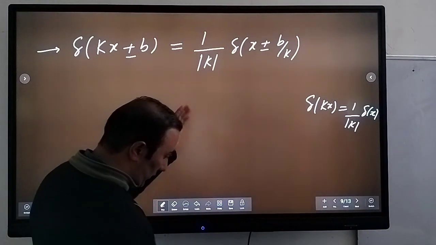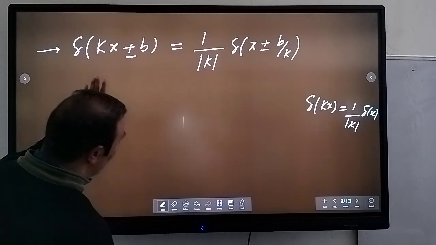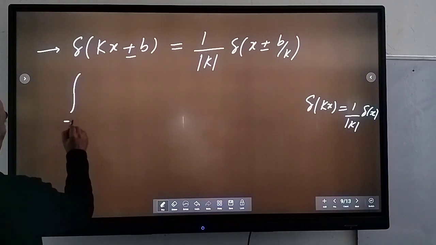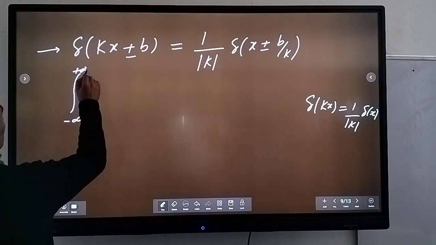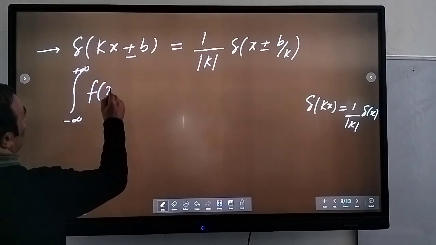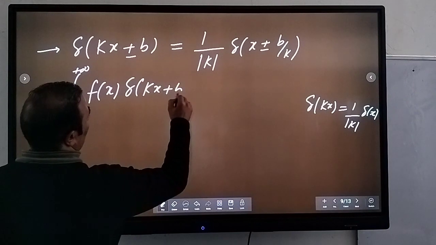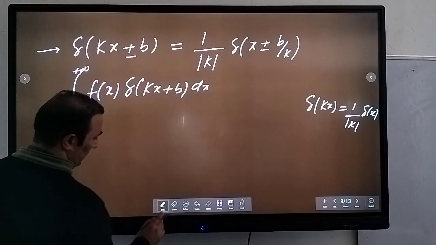First, let me write this integral. I will calculate the area under that curve. So first you write the integral from minus infinity to plus infinity of f of x delta of x.